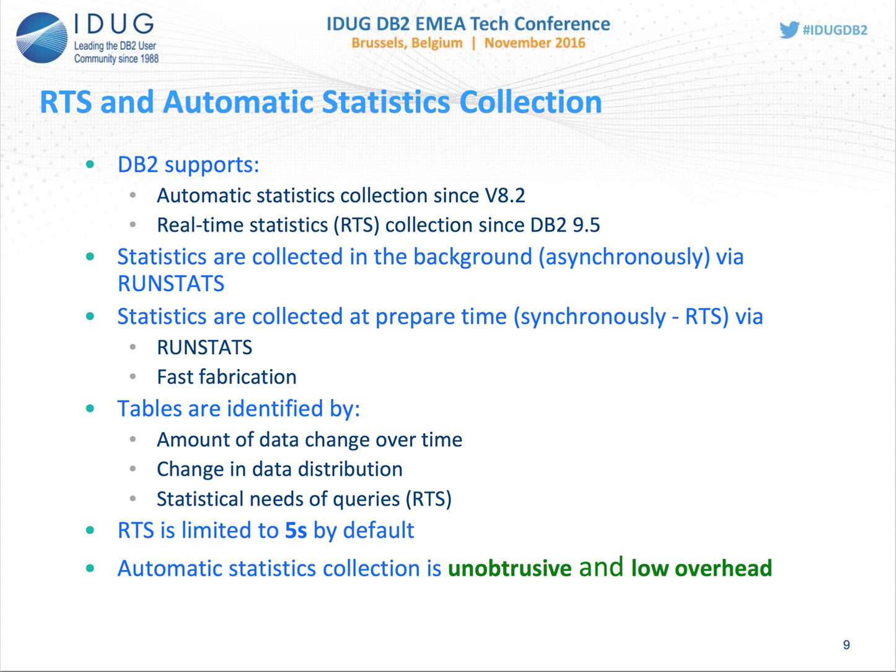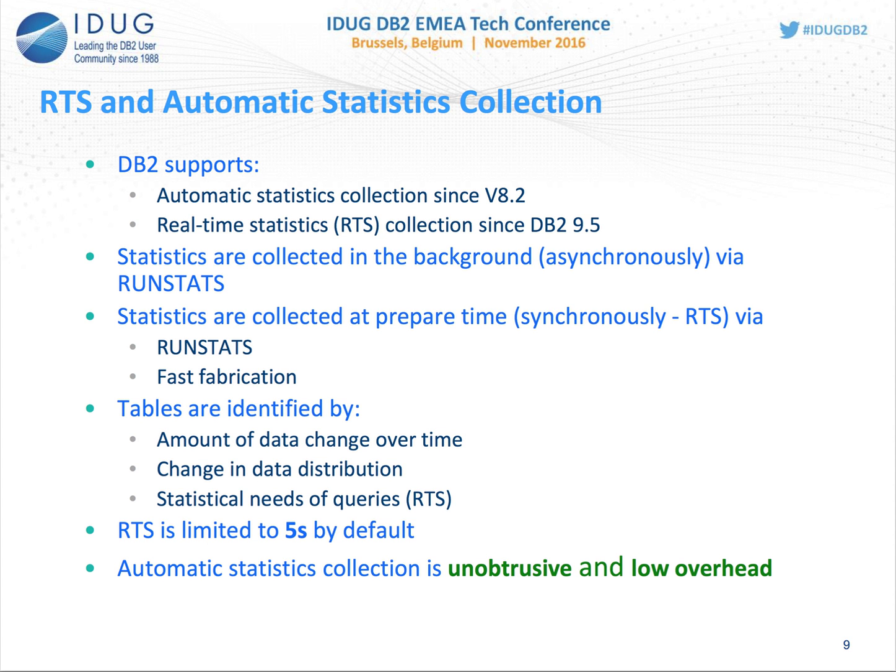And the important thing is that either the background or the real-time stats are designed to be unobtrusive and have low overhead. So for example, when the stats are written to the catalog, if any other application is accessing the catalog and needs to get those locks, the auto runstats will get forced off.